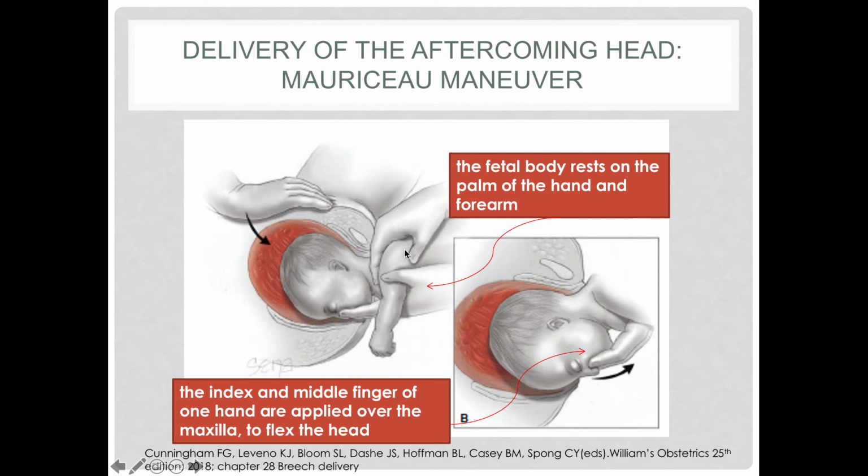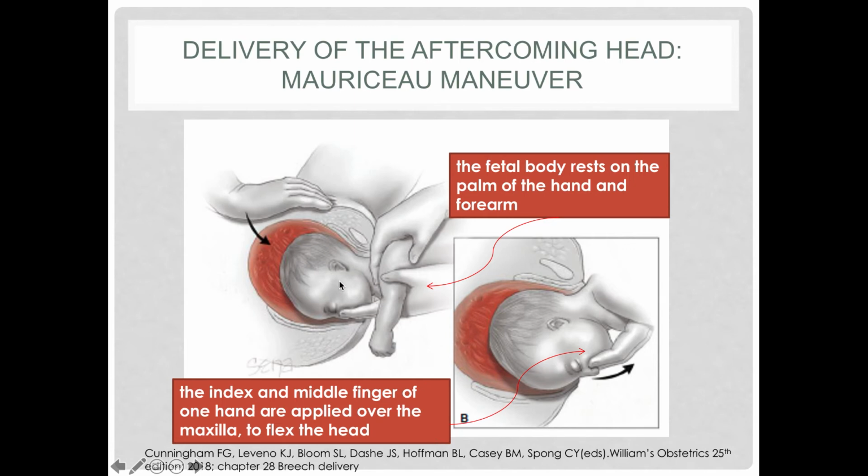You can also note here that two fingers of the other hand of the operator are hooked over the fetal neck and also grasping the shoulders. You note also that a gentle suprapubic pressure should be simultaneously applied by your assistant. The purpose of this is to keep the fetal head flexed.